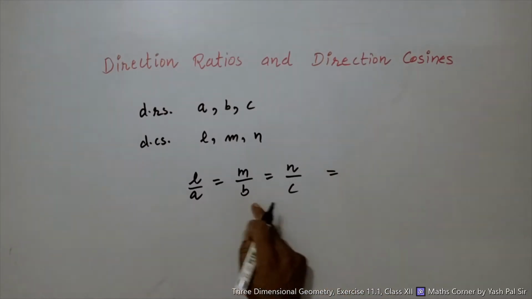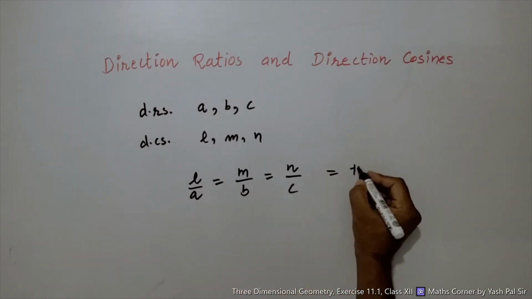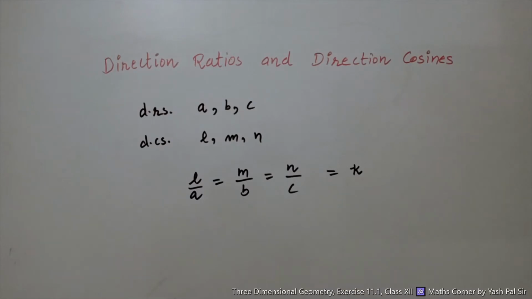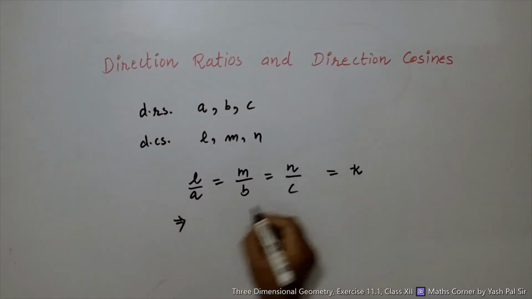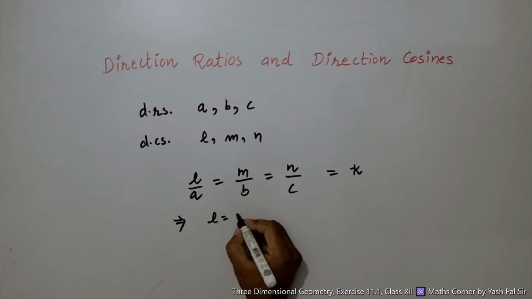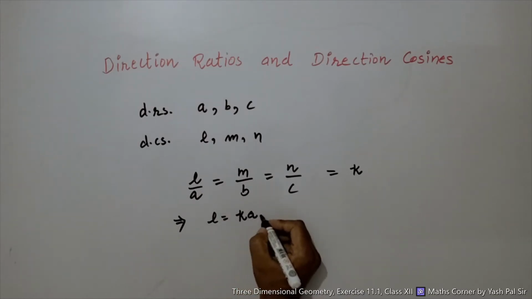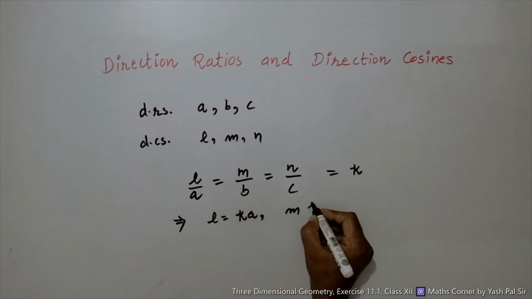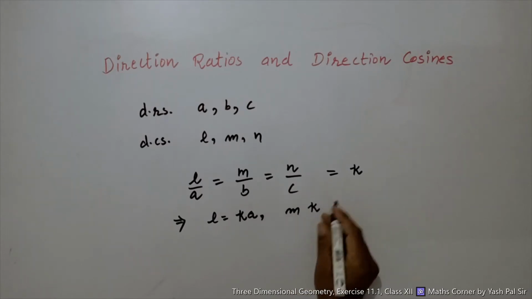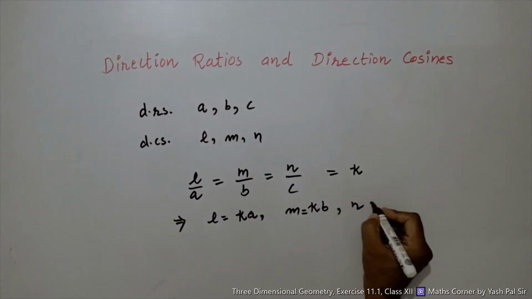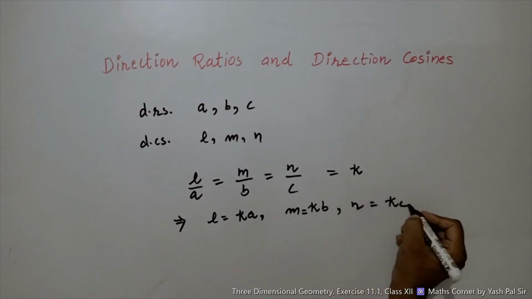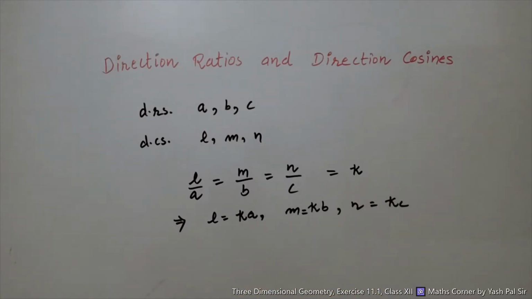Suppose all these three members are equal to any k value, k number. So what is the meaning of this? We can say l is equal to k times a, m is equal to k times b, and n is equal to k times c, right?